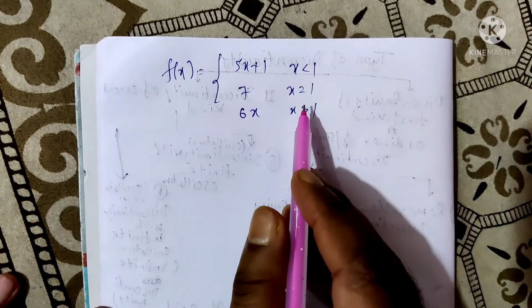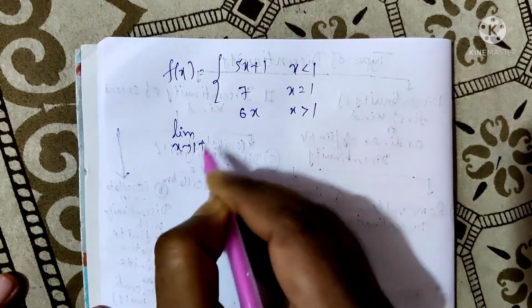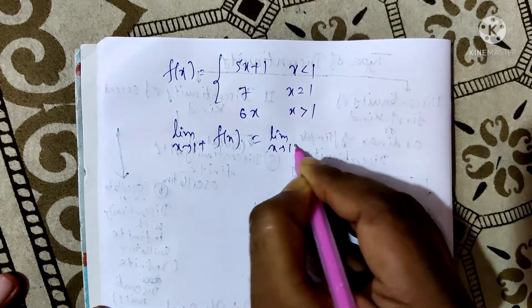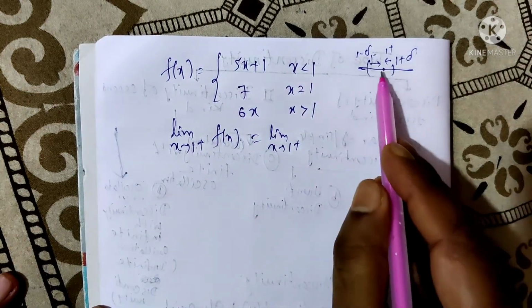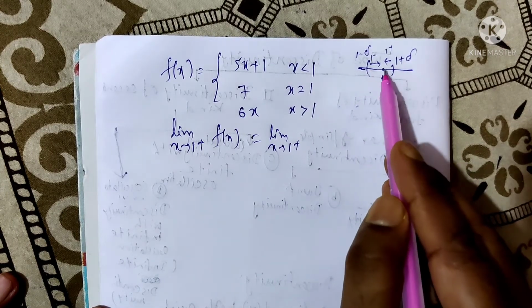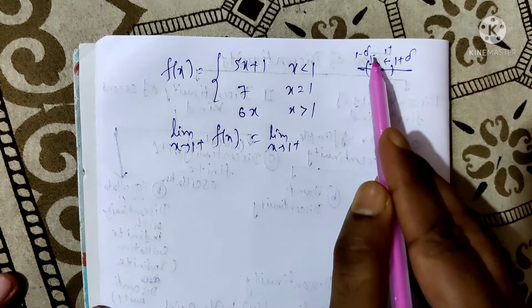We check at the point 1. The limit as x tends to 1 plus of f(x): this is 1 plus delta and this is 1 minus delta, so 1 plus delta to 1 is the plus limit, and 1 minus delta to 1 is the minus limit.